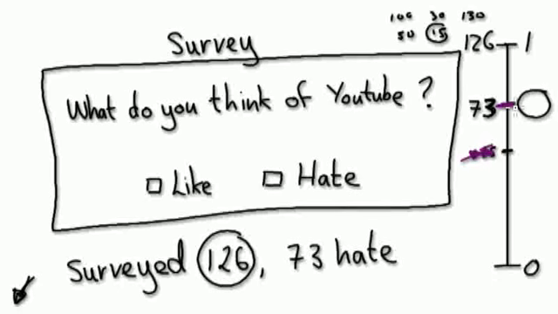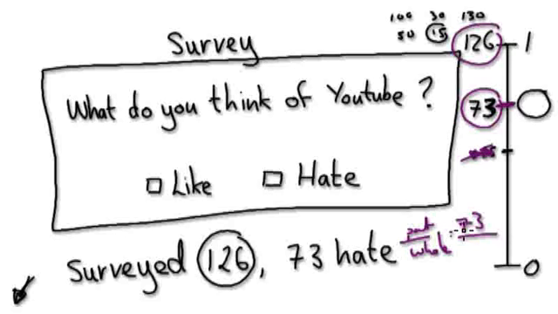So what is this decimal here? Well, remember, it's always part divided by the whole. And this is our part here, which is 73, divided by our whole here, which is 126.